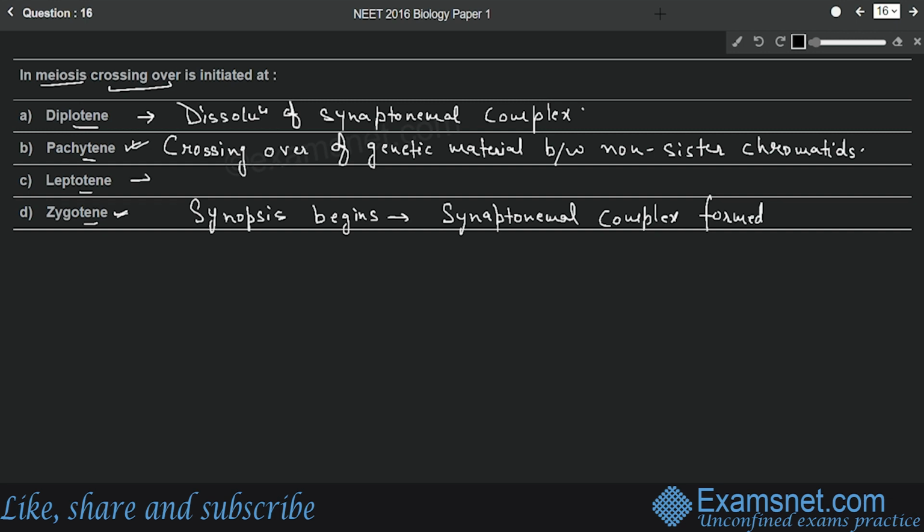And then leptotene is left. So in case of leptotene, chromosomes begin to condense. So now it is clear that the correct answer is option number B, because crossing over takes place in this stage.